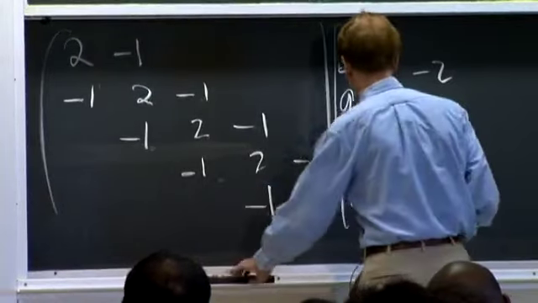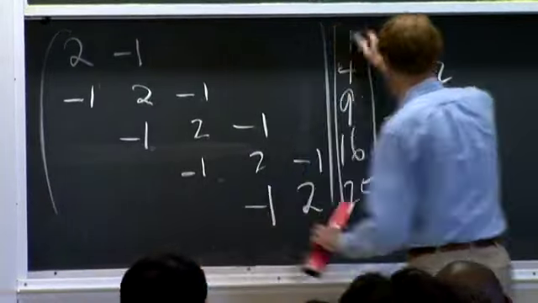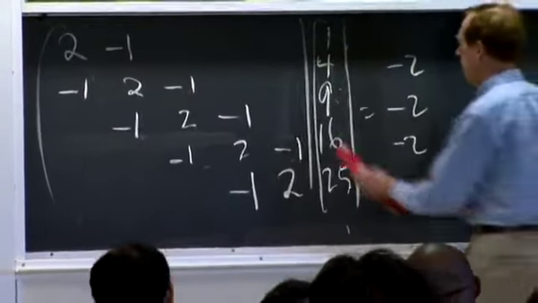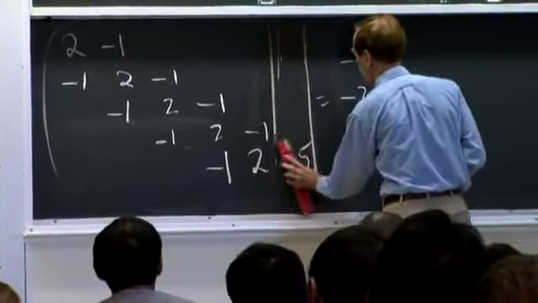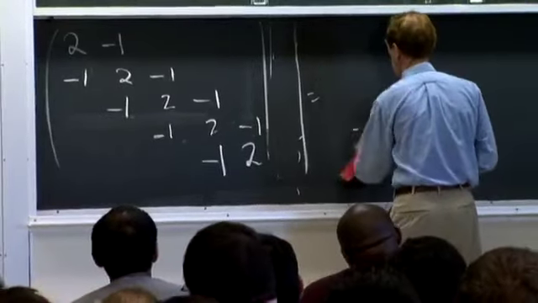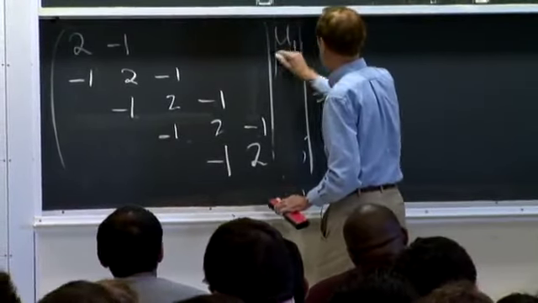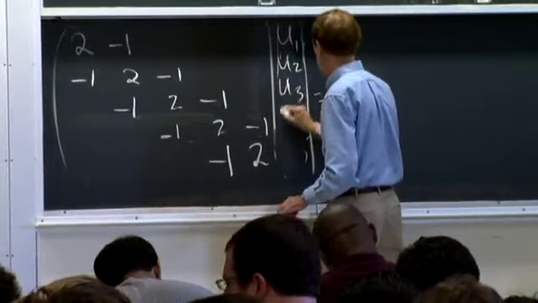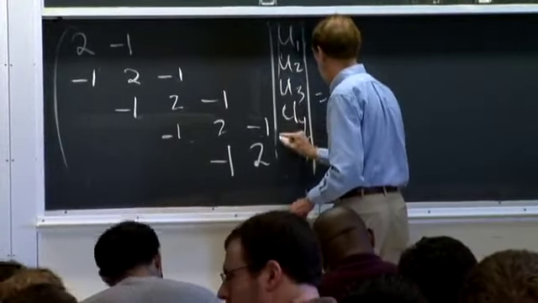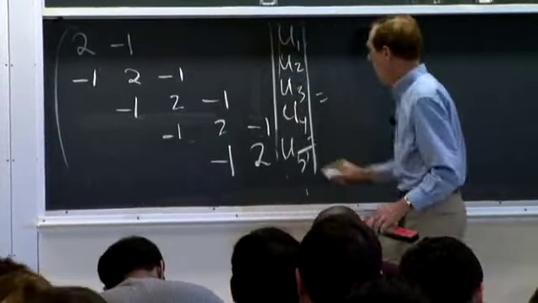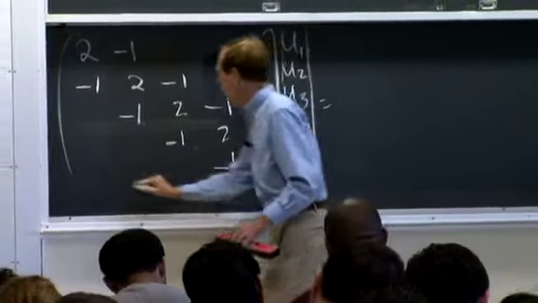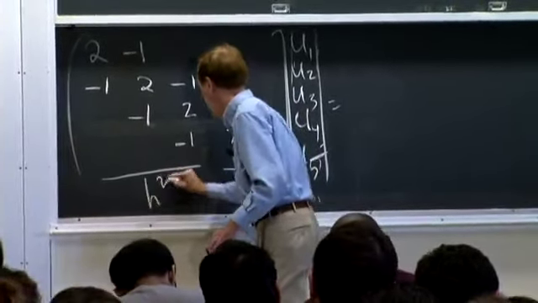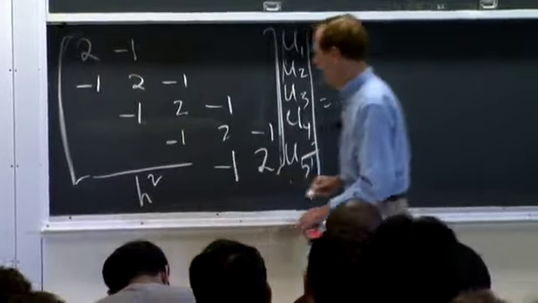And now it's 5 by 5. And those might be u, but I don't know if they are. So let me put in u1, u2, u3, u4, and u5. Do you see? Oh, and divide by h squared.